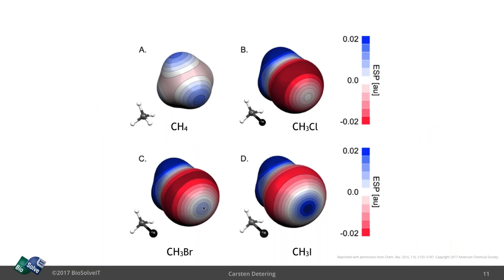And as you can see, this is only the case for the bromomethane and even more pronounced for the iodomethane. There is no sigma hole here in chloromethane. However, if you would substitute the hydrogens for fluorine, which are obviously very electronegative, they would draw this electron density away, and the sigma hole would become more pronounced.